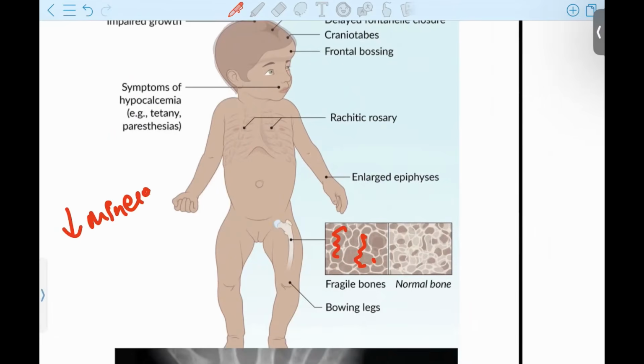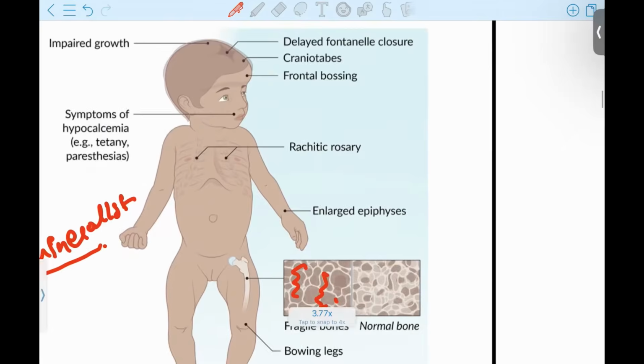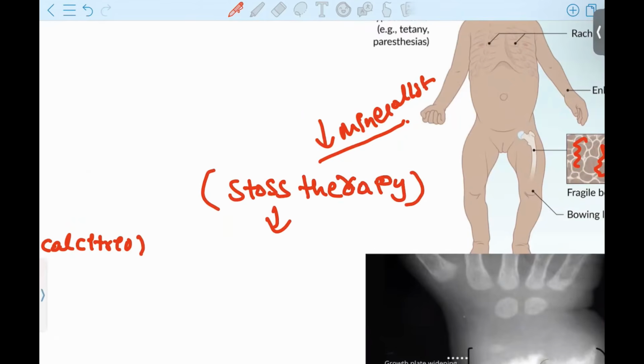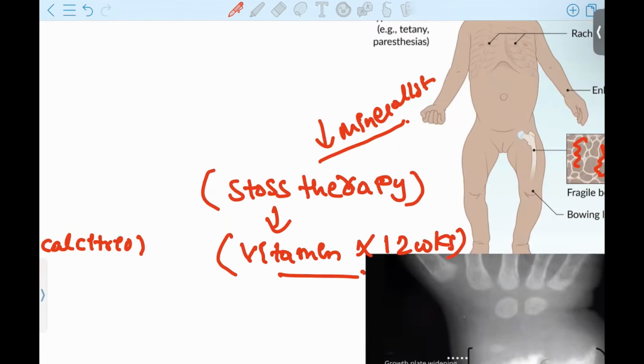If there is no vitamin D, there will be no mineralization in this patient. So what can we do in this patient? We have to treat with stoss therapy. Okay, stoss therapy is specifically used for vitamin D deficiency. We have to administer vitamin D for the next 12 weeks. Okay, this is how we can treat this patient.